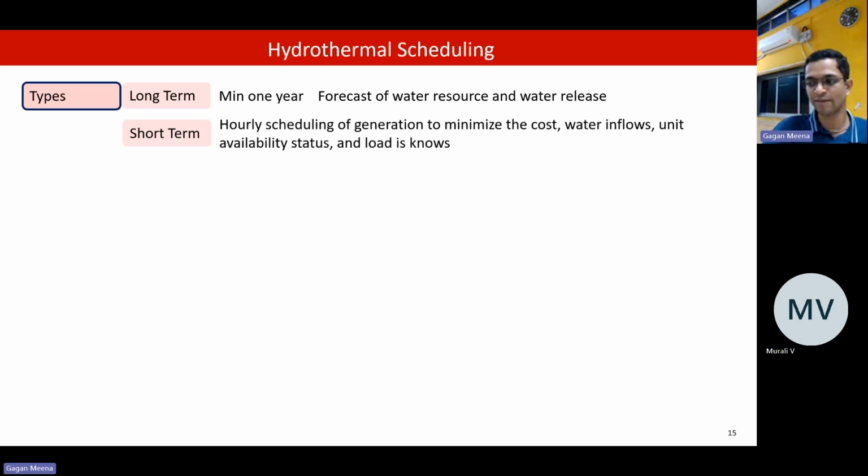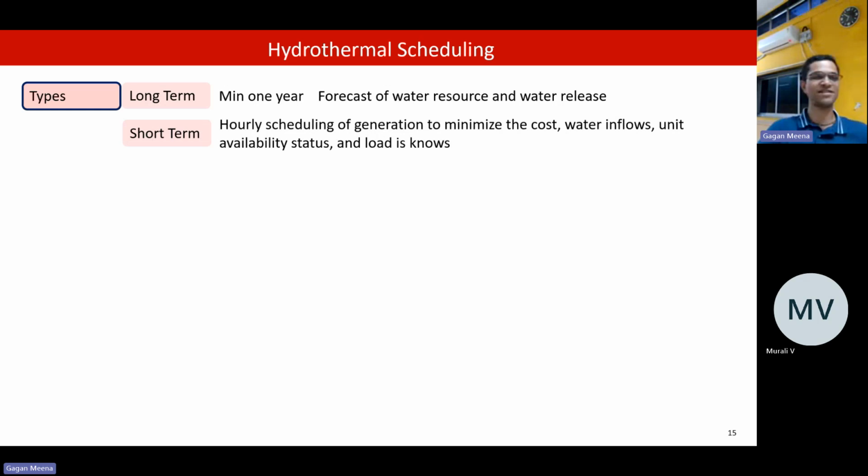But now also it happens sometimes that because it's uncertain, there are several things. We don't know how much rainfall will be there, what will be the weather. Let's say this year most of the states have received extreme, very heavy rainfall. Sometimes it's a drought year and rainfall is very less. But we don't know that.